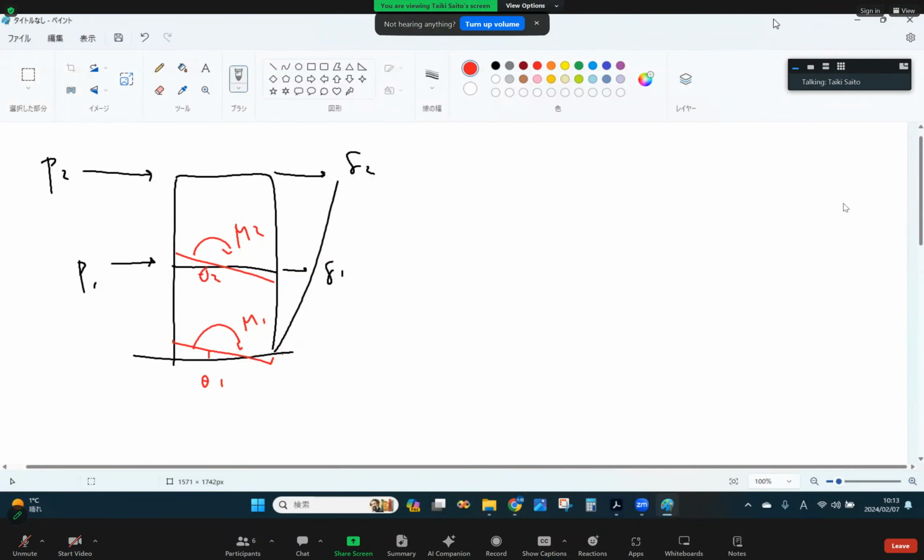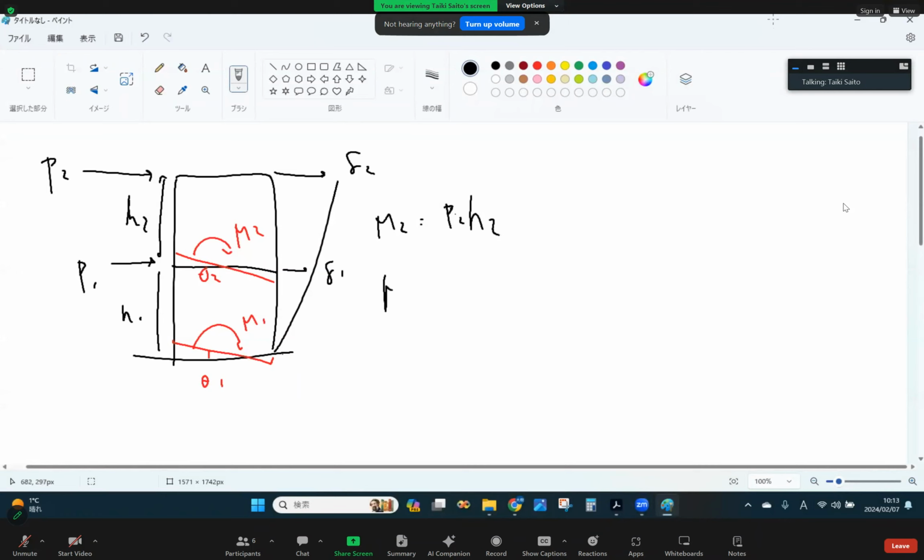Of course, M2 is T2 multiplied by H2, so T2 H2 will be the moment, right?